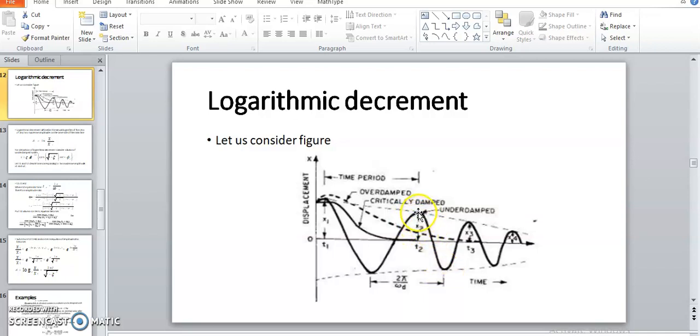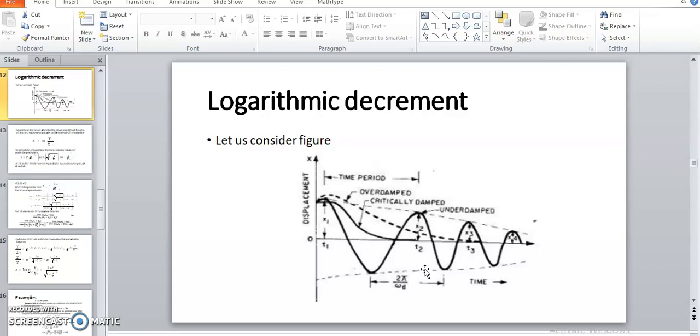You can consider the time required for one cycle from here to here, or here to here. It is the distance on the time plot between points measured on the same side of the horizontal timeline.